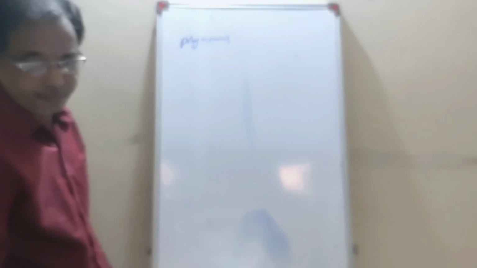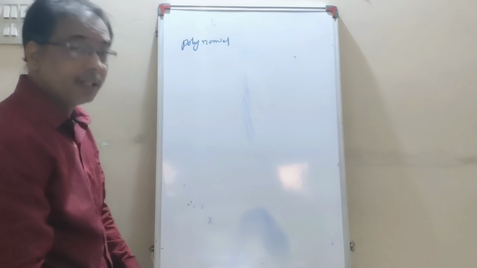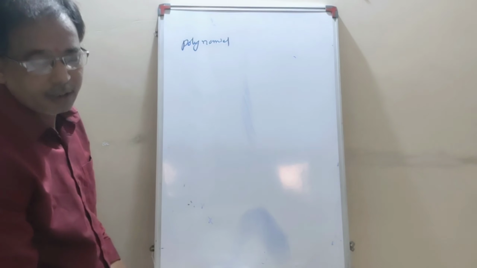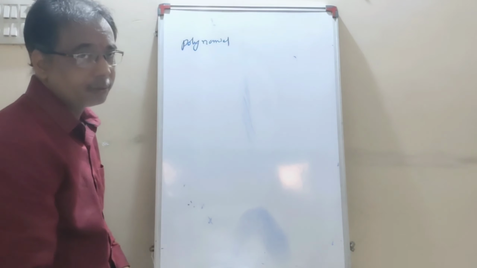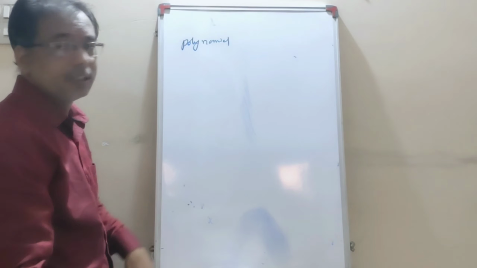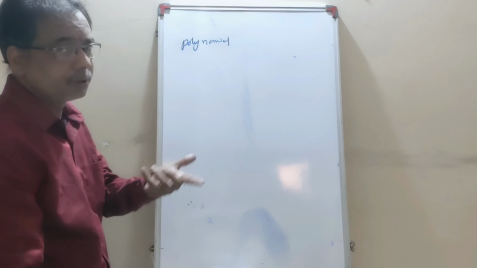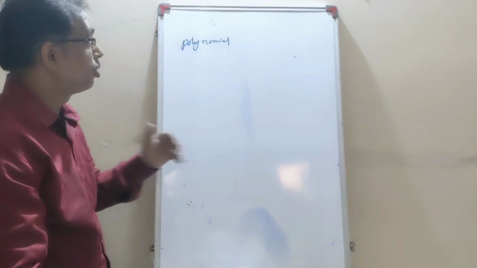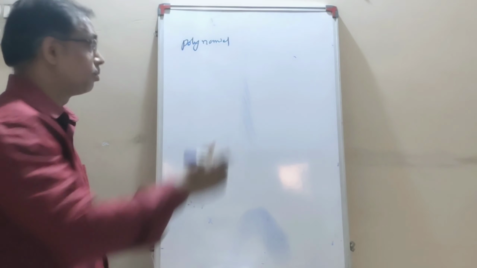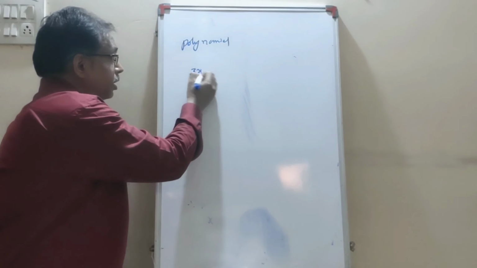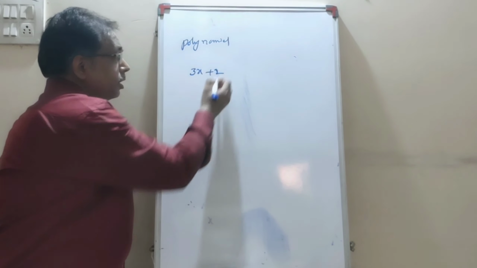So here, depending upon the degree also, we can define the types of the polynomial. If the polynomial degree is 0, that should be a constant. And if the polynomial degree is 1, that is a linear polynomial. For example, 3x plus 2 is a linear polynomial.